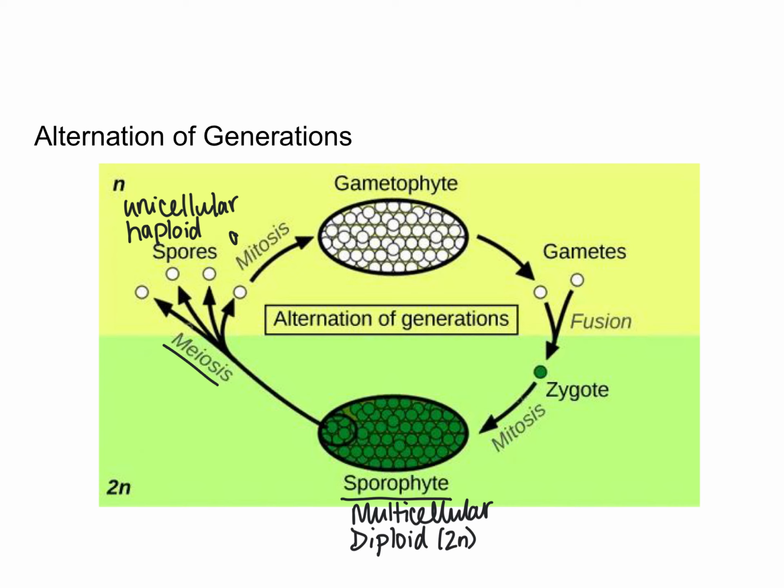These spores can then germinate, which means they go through mitosis in order to form a gametophyte. And this gametophyte is multicellular and haploid.